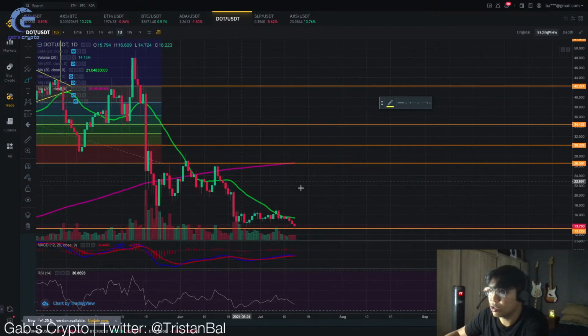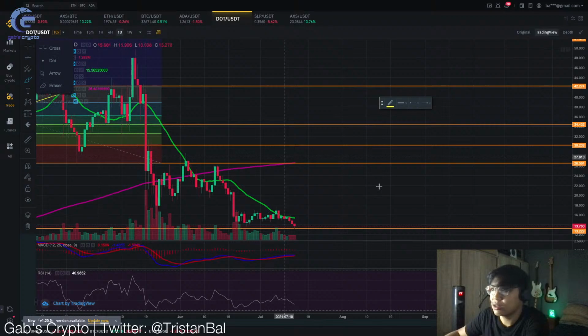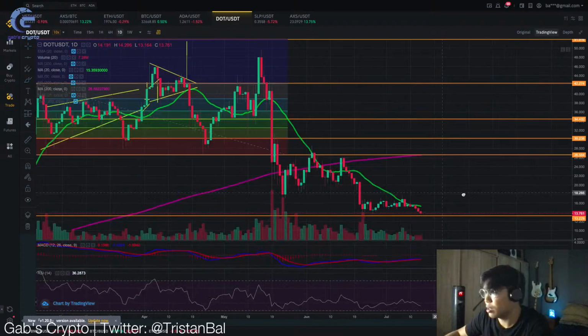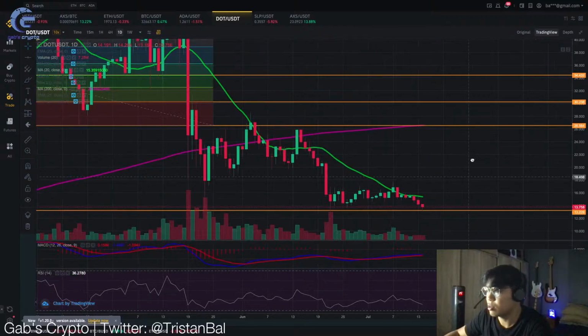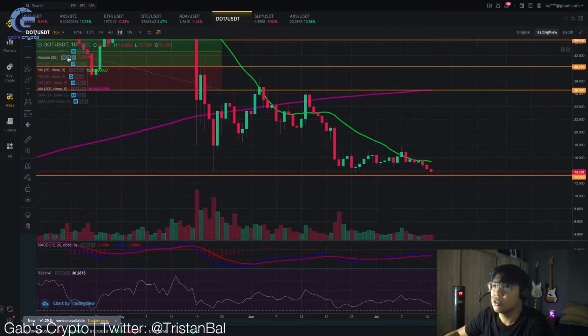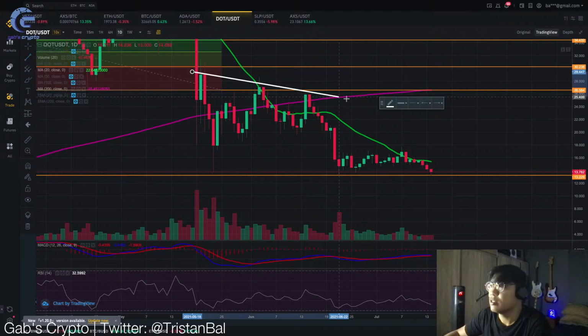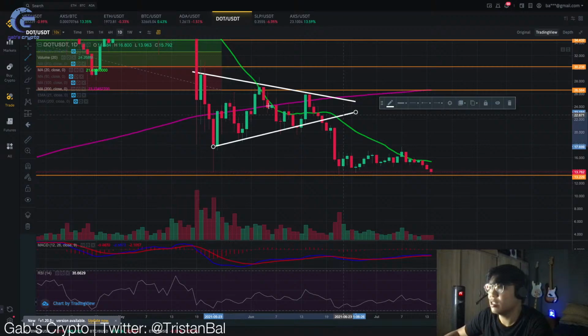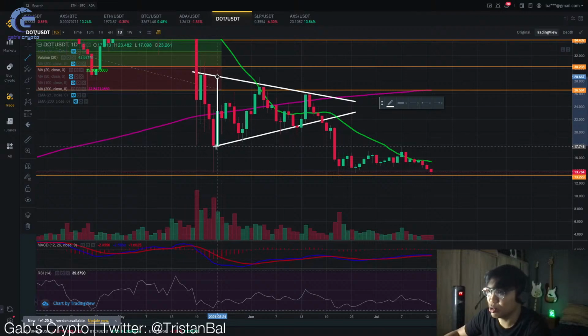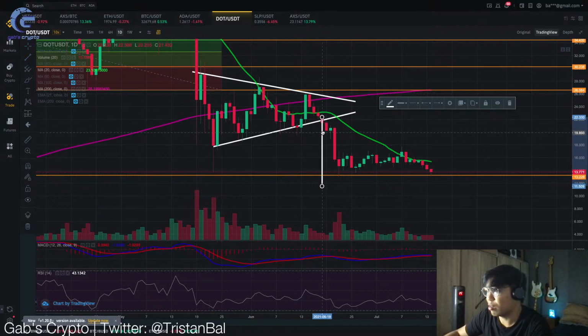So, nung nag-drop si Polkadot, buksan natin to ha, nakakita tayo actually ng symmetric triangle sa daily. And then nung nag-breakdown, actually sayang, ang gandang good shorting opportunity pala to eh. Kasi nung nag-breakdown, nakita tayo ng movement and nag-play out tayo dyan.